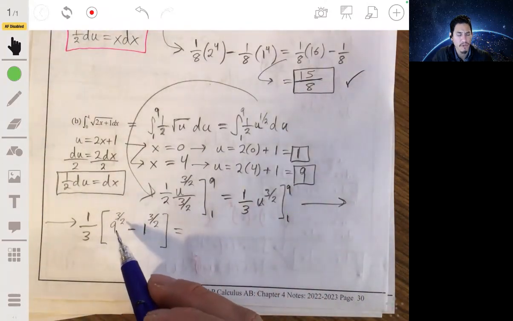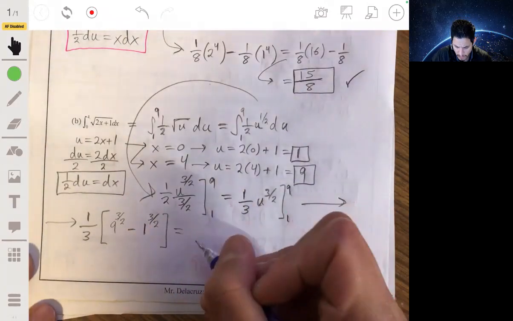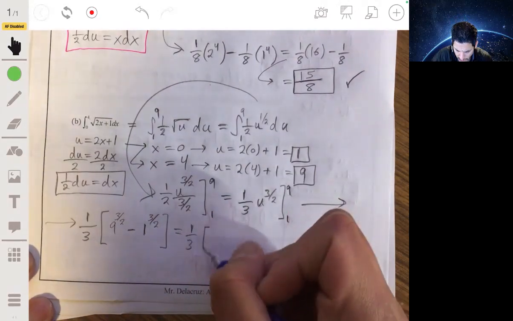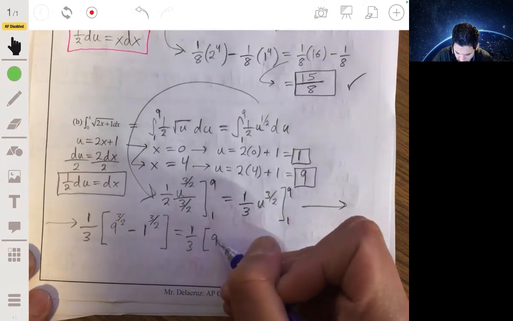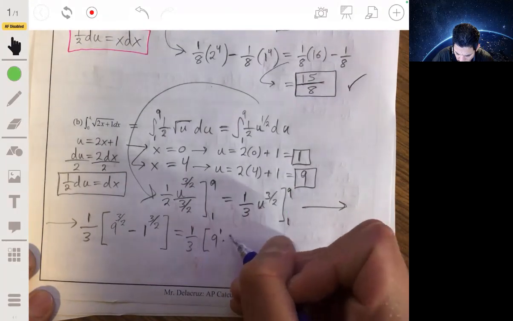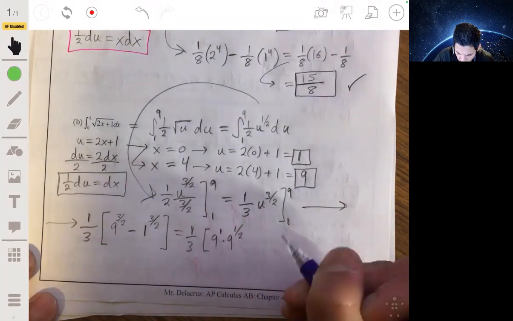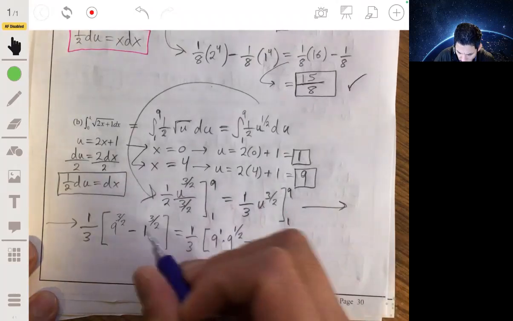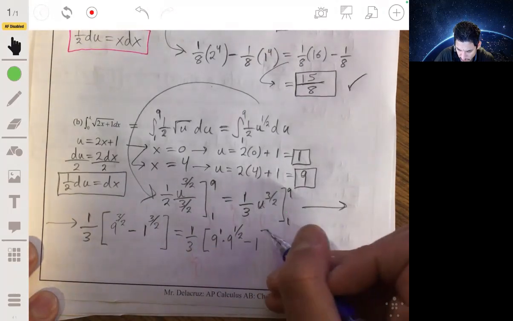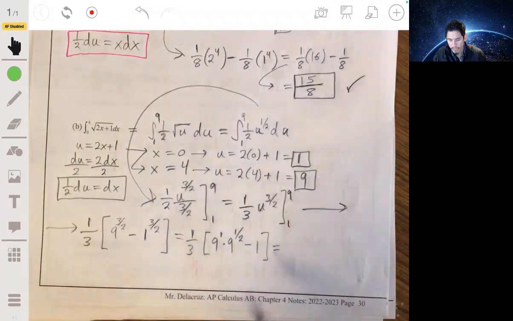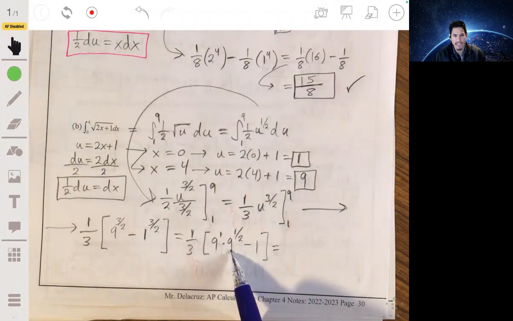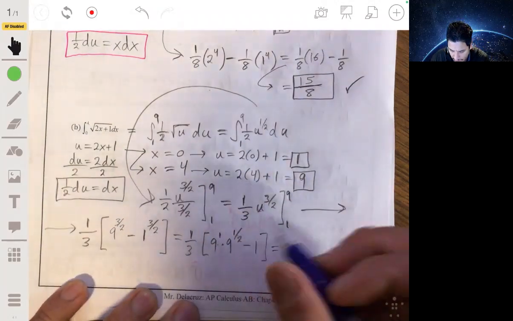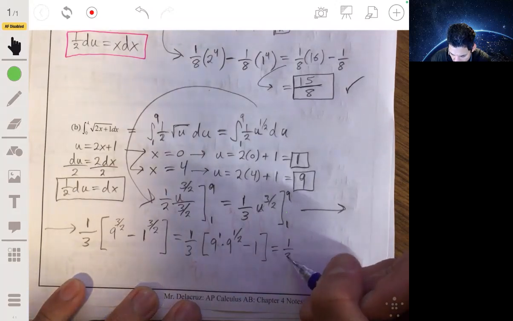So let's remember what fractional powers are. We're going to rewrite that 9 to the 3/2 as 9 to the 1 times 9 to the 1/2, because 3/2 is the same as 1 plus 1/2. And that 1 to the 3/2 is simply 1, as you should know. And then this is just going to be 9 times 3, because 9 to the 1/2 is the same as the square root of 9.